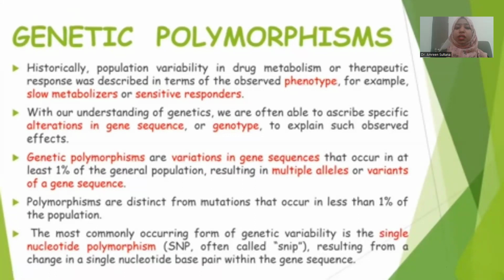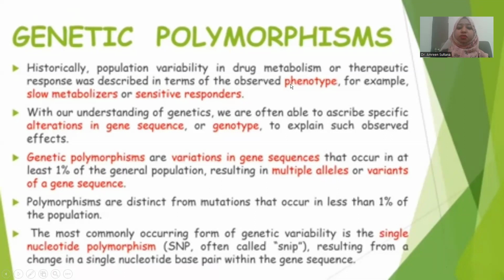This phenotypic condition divides the population into groups. Slow metabolizers are the group of people who do not respond to a normal dose of a drug. That condition is known as slow metabolizers.